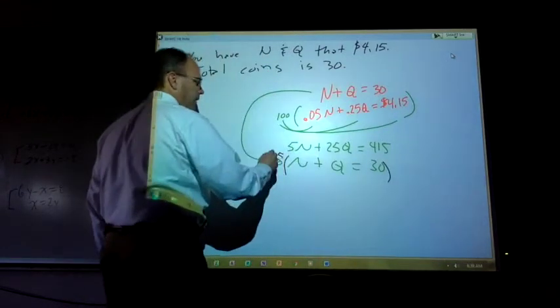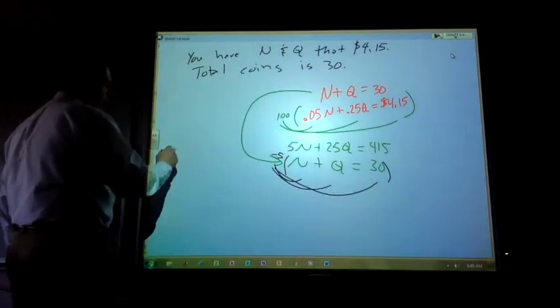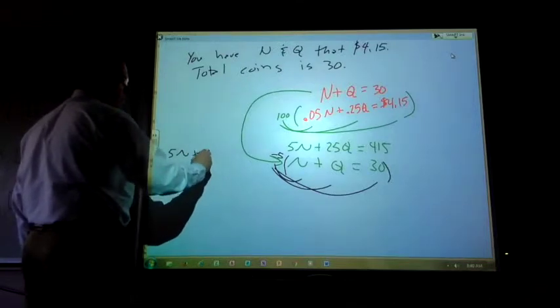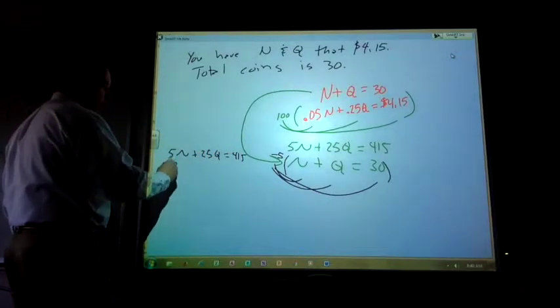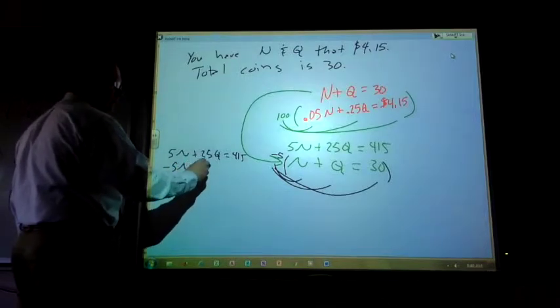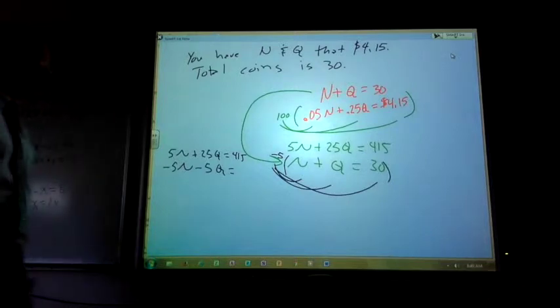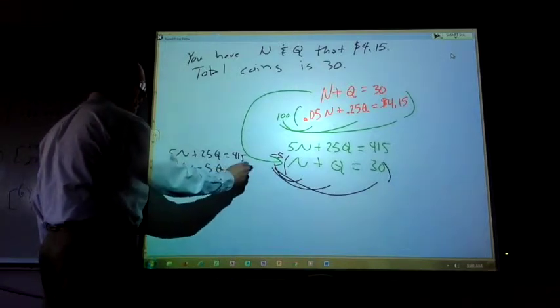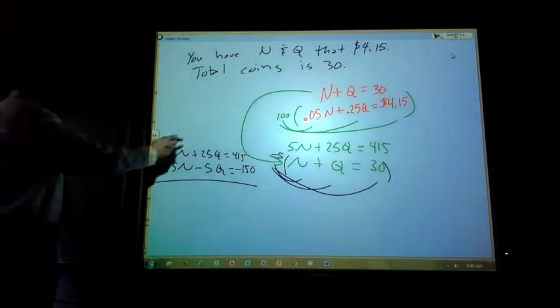Multiply everything here by negative 5, distribute here, and here, and here. Let's see if I made one that'll work. 5n minus 5q equals negative 5 times 30, negative 150. Is that right? All right, n's are gone.